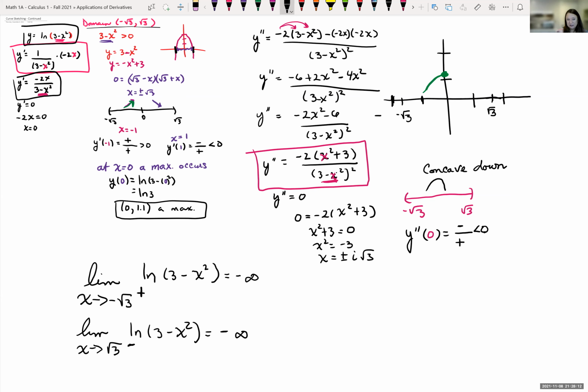We need to find maybe where our intercepts are, or x-intercepts. And so we can look at where our x-intercepts are by setting our y value of our original function equal to 0. So x-intercepts. So we're going to let y equal 0. And so if we let y equal 0 for our original function, we get 0 equals the natural log of 3 minus x squared.